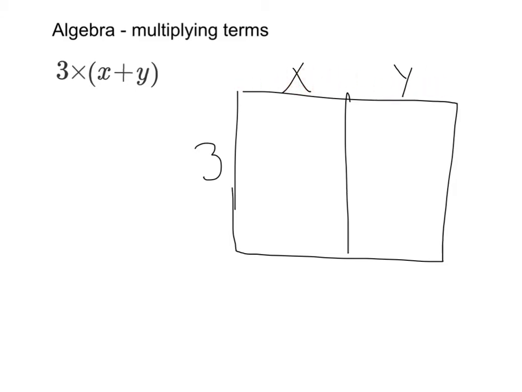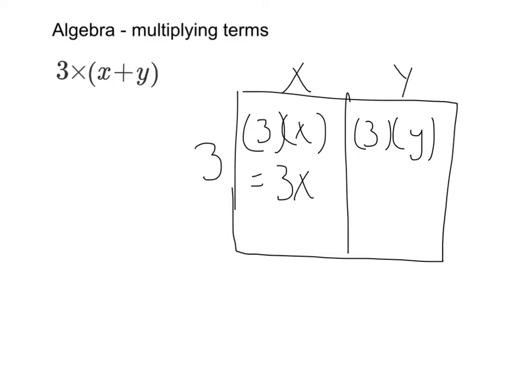So now we can do our 3 multiplied by x, which is equal to 3x. And then 3 multiplied by y is equal to 3y.